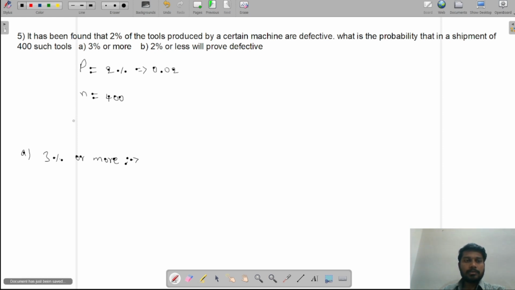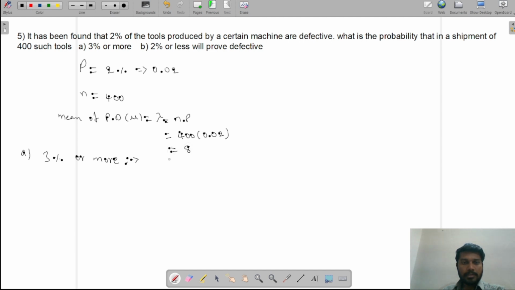The mean of the Poisson distribution, mu equal to lambda, can also be denoted by n into p. So 400 into 0.02, which is 8. So the value of lambda is 8, the mean of the Poisson distribution.